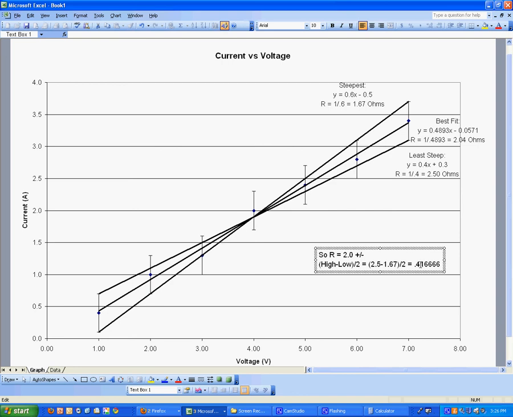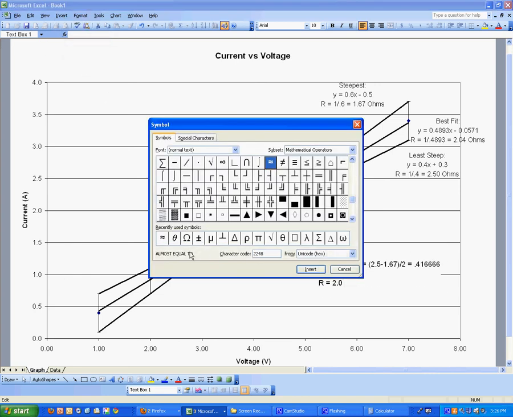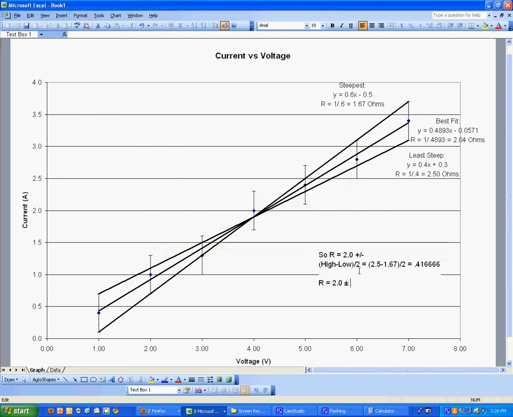Okay, so we have to write our uncertainties as a value plus or minus a value that has one sig fig. So clearly what we want to do is use the 0.4 as our uncertainty, right? So we're going to say R equals 2.0, plus or minus 0.4.